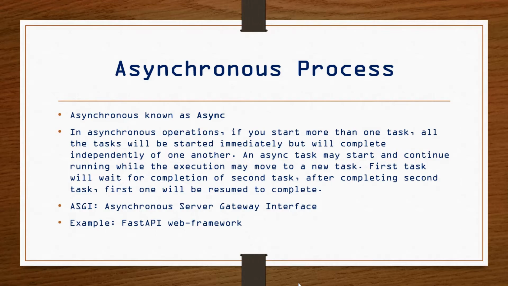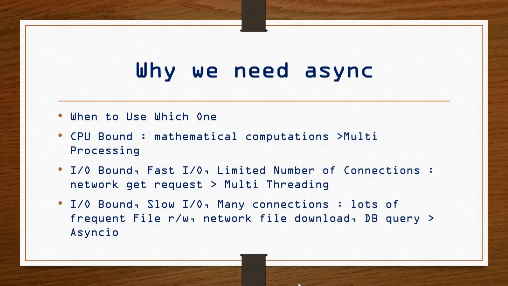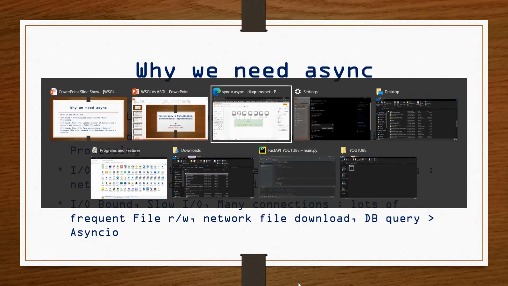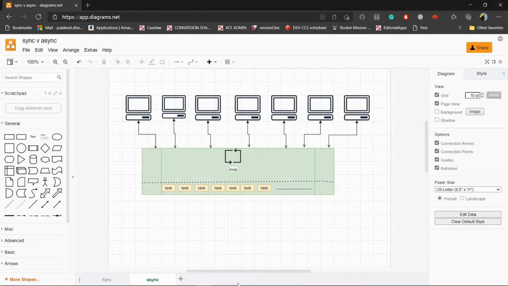Okay, so now the real question. The real question is why we need async. Okay, why we need an asynchronous process. So to understand this, let me open a diagram for you.